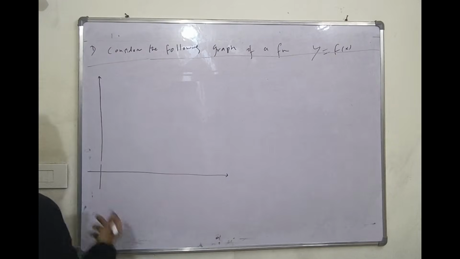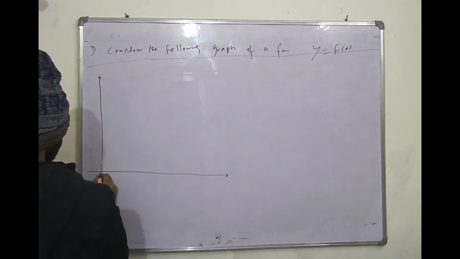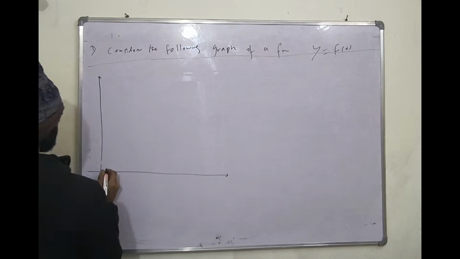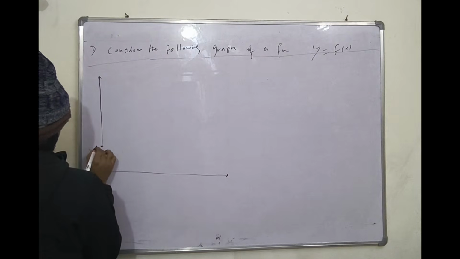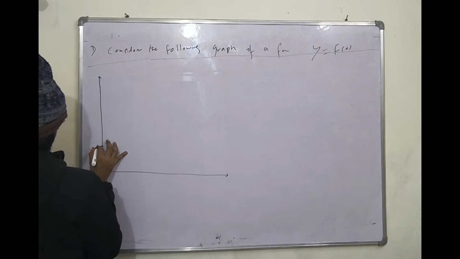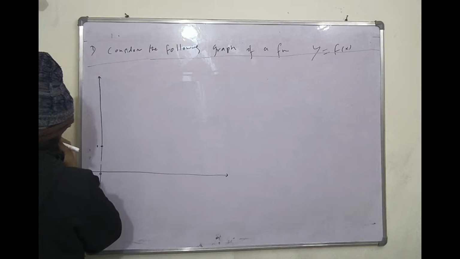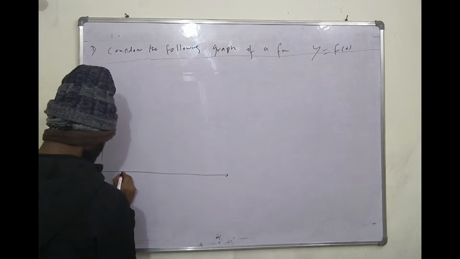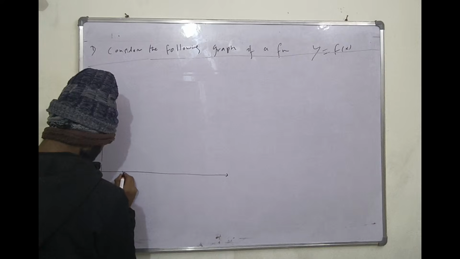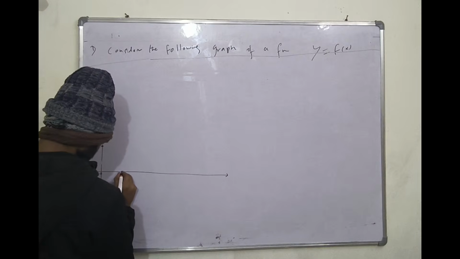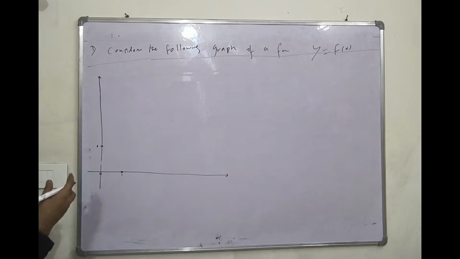At x equal to 0, the value of f of x is plus 1. At x equals to 1, the value of the function is 0.